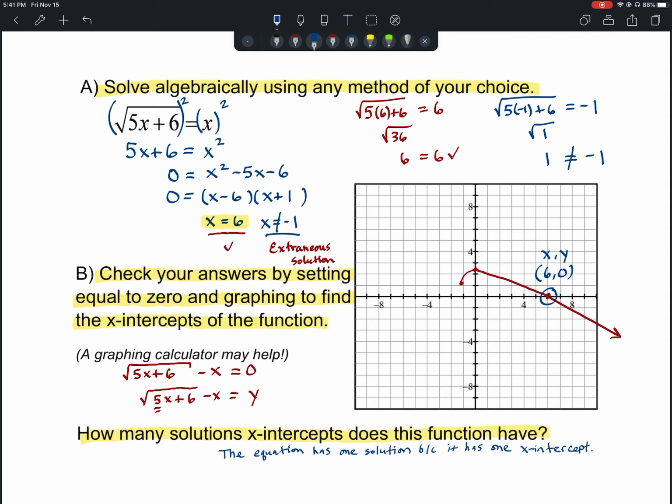When you're solving using this method, you're trying to figure out how many x-intercepts it has. If it has just one x-intercept, that means it has just one solution.